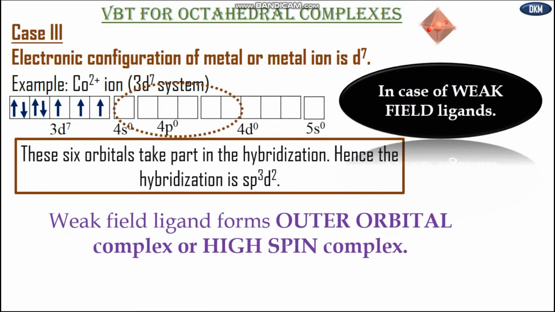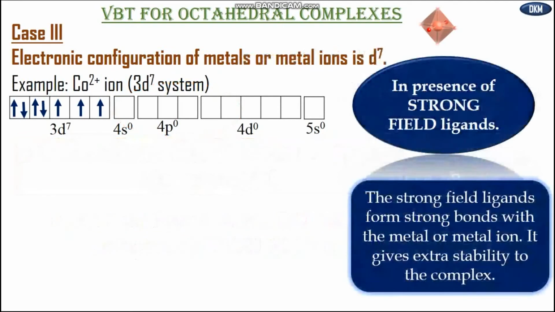Now consider the d7 system in presence of strong field ligands. You know, strong field ligands form strong bonds with the metal or metal ion and it gives extra stability to the complex. Look at Co2+ ion, which is a d7 system.